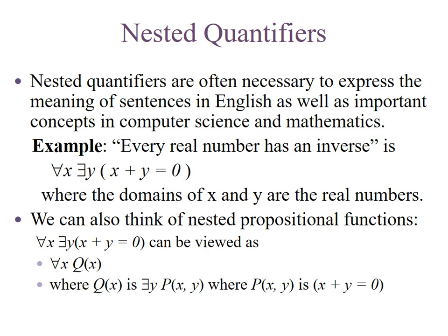If you consider this part as Q of x, then it will be easy. That will be for all x, Q of x. Let's go back to the simple form. Then if you examine Q of x closely, you will see that it's for some y, P of x, y. And remember this because we will apply this a lot in the following questions.